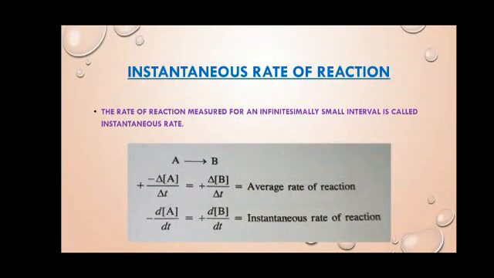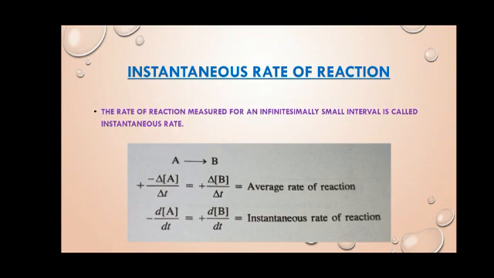Now the next and second one is instantaneous rate of reaction. The rate of reaction measured for an infinitesimally small interval is called instantaneous rate. This can be represented by the mathematical expression minus d[A] upon dt, where d[A] represents a very small amount or quantity of the reactant, in mole per liter, and dt is a very small time.